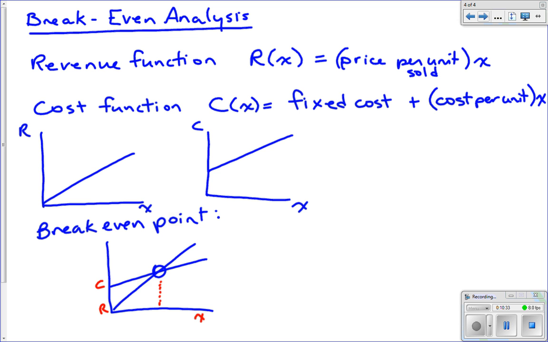So you're losing money here. And anything to the right of that point, you can see that the revenues are greater than the costs. So actually here, you're in the profit zone. Okay, and the break-even point is the intersection point of those two functions. So let's look at an example.